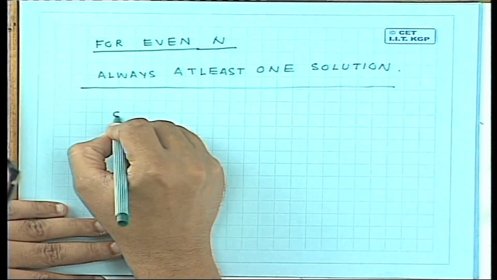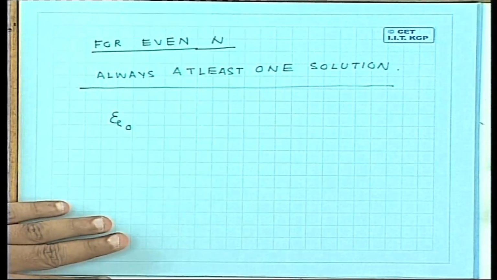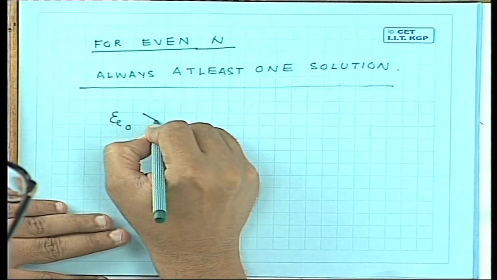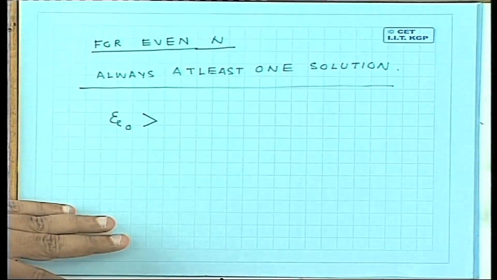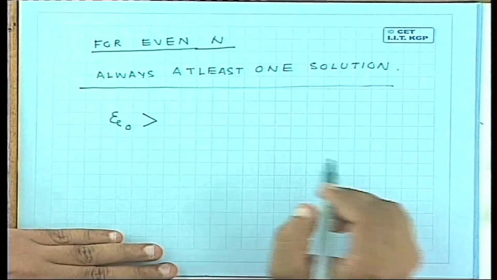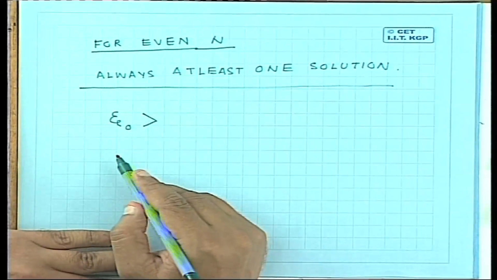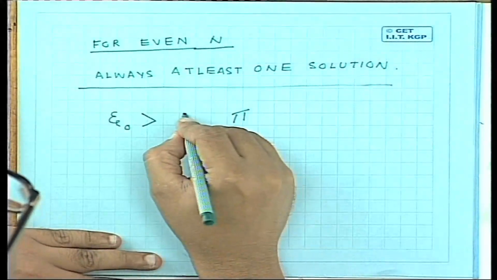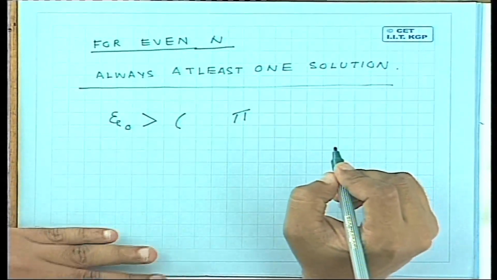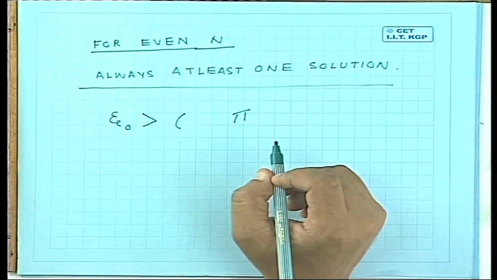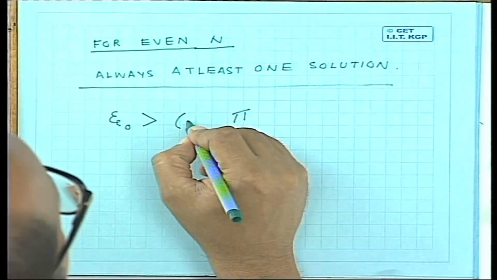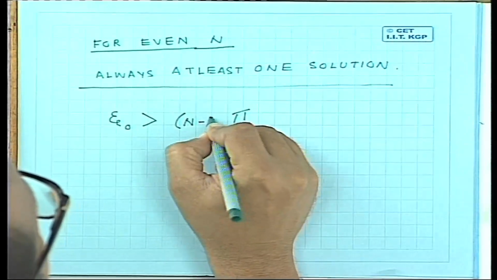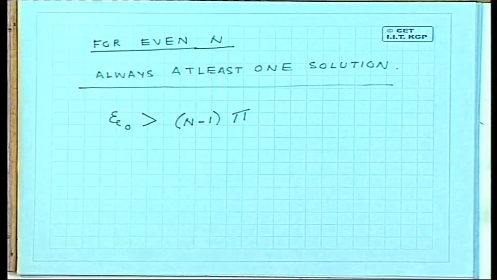And xi naught should be greater than how much? For every increment of pi, there should be a pi here. For n equal to 1, xi naught could be as small as you want. So it will be n minus 1 times pi.